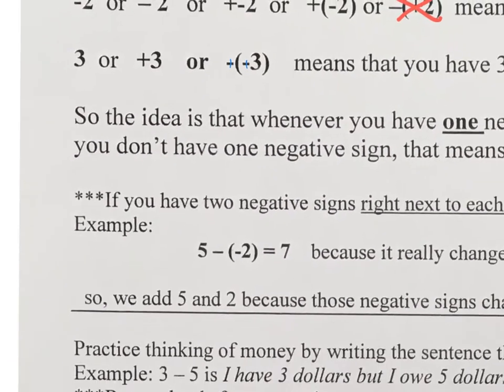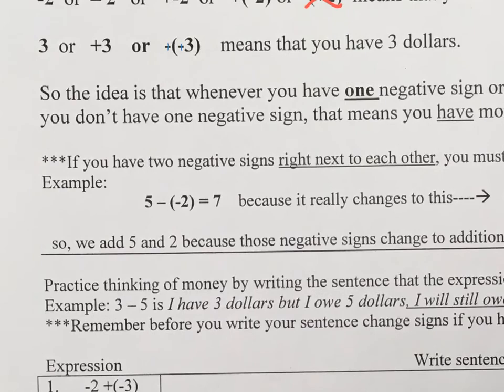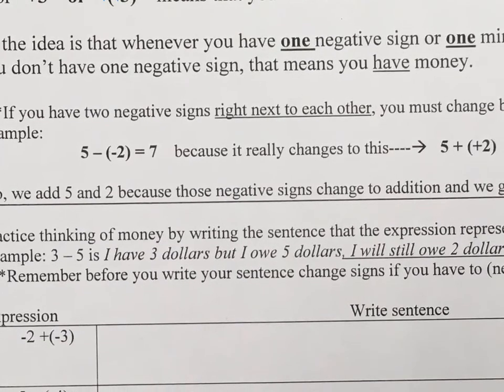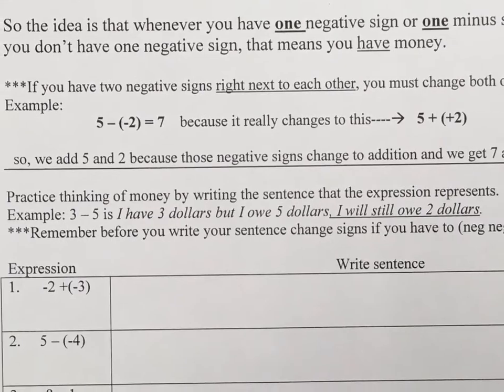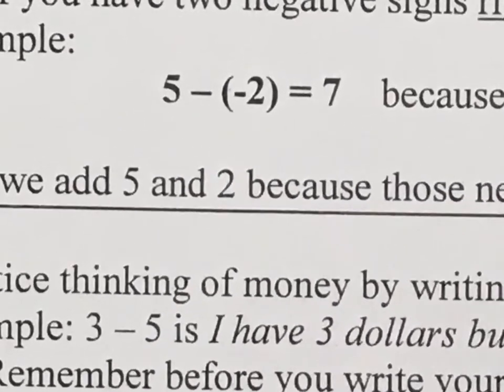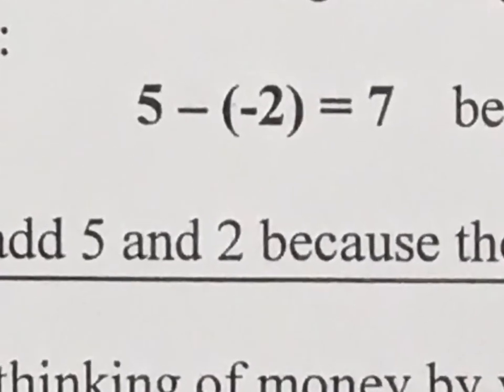So, the idea is whenever you have a negative or a minus, that means that you owe. And whenever you don't have a minus or a negative, that means that you have. And here's an example, especially with that interesting part. The minus must change to plus. And that's why you get 7 as an answer, right? So if you were to think of money right here, it's like saying, I have $5.